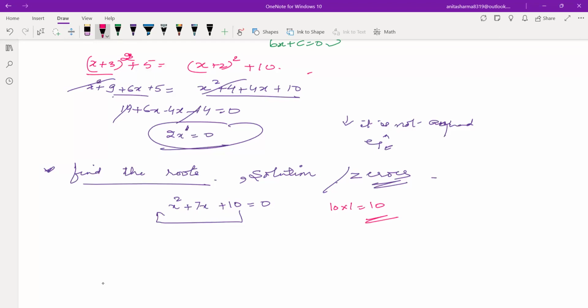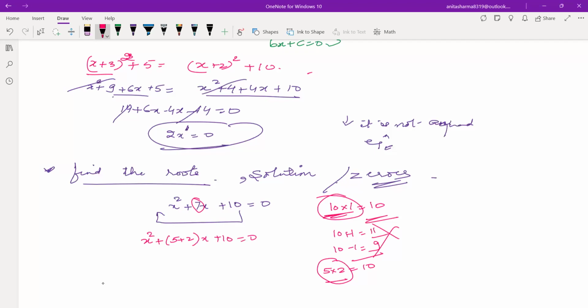Now make the factors of 10 such that you will get 7. 10 plus 1 gives 11, and subtracting gives 9, so our motive is not solved. We move to the next factor: 5 twos are 10. Adding 5 and 2, you get 7. So you will write 5 plus 2 instead of 7.